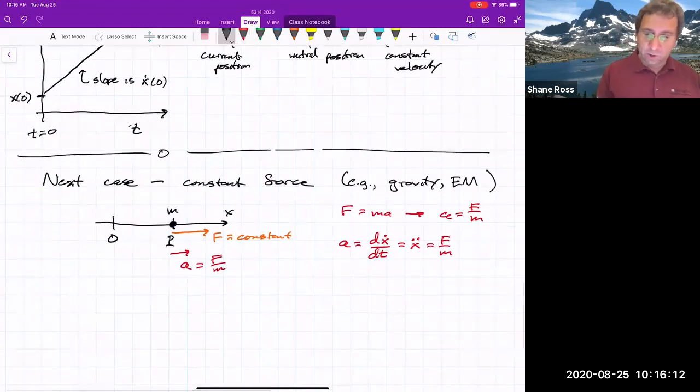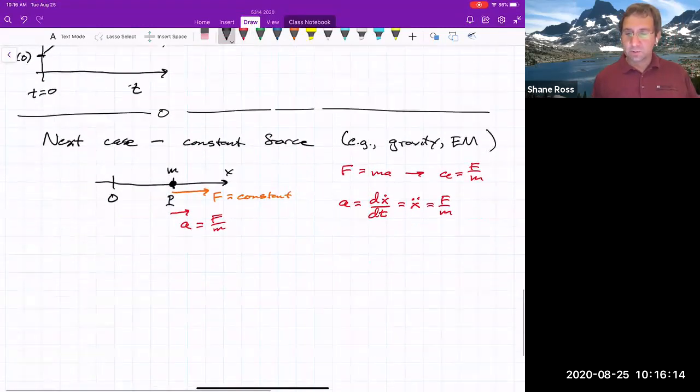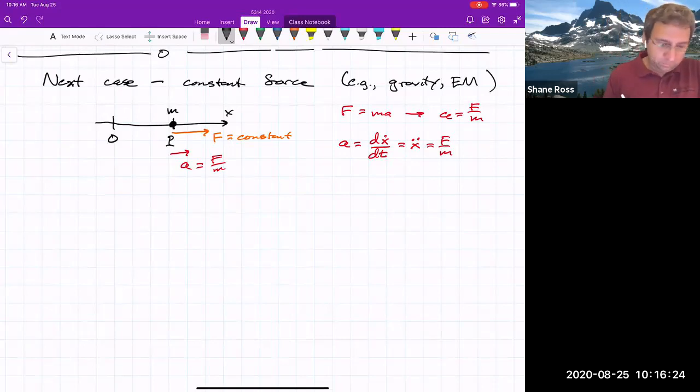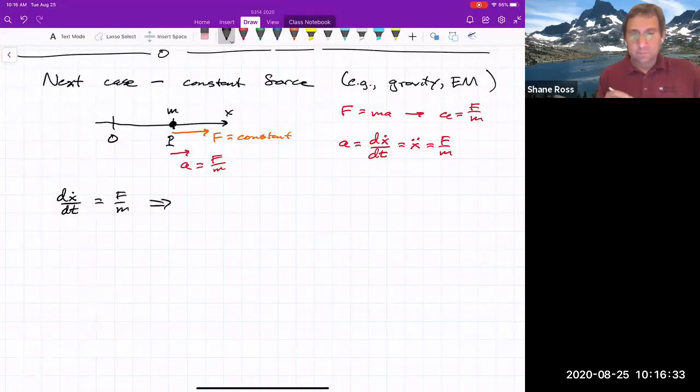Let's use one of these forms and do an integral. Yeah, this one. So dx dot by dt equals F over m. Put the dt over to the other side.